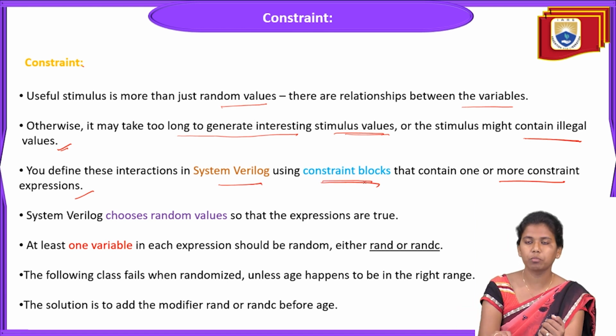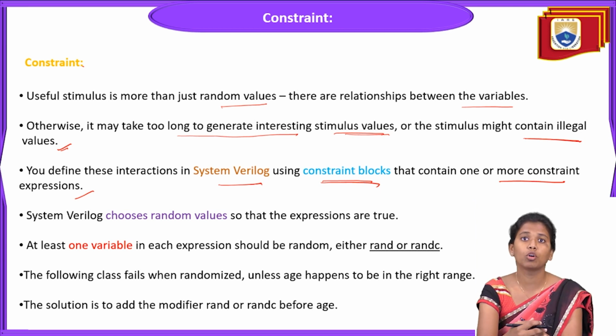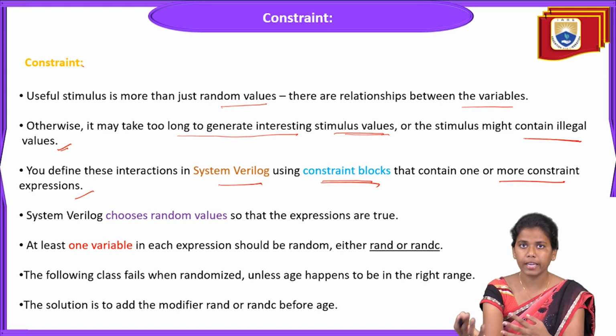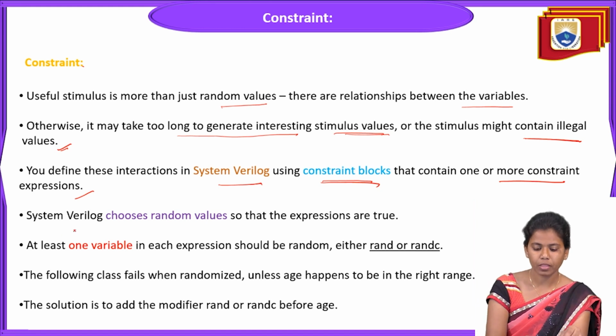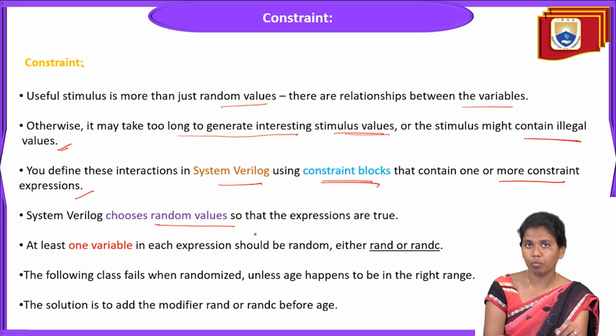From the constraint block, we can acquire one or more constraint expressions. As we have in the gate primitive library, in a similar fashion we have the constraints in the constraint block in SystemVerilog. Then SystemVerilog chooses random variables or values so that the expressions are true.